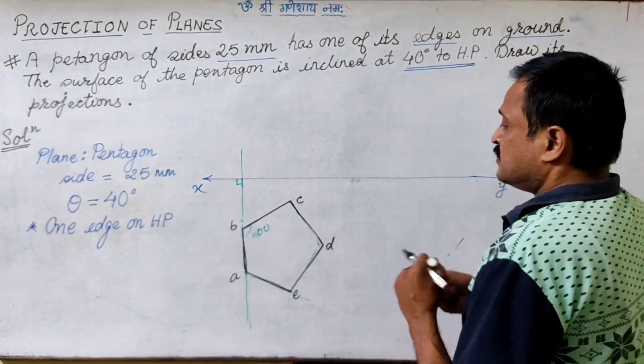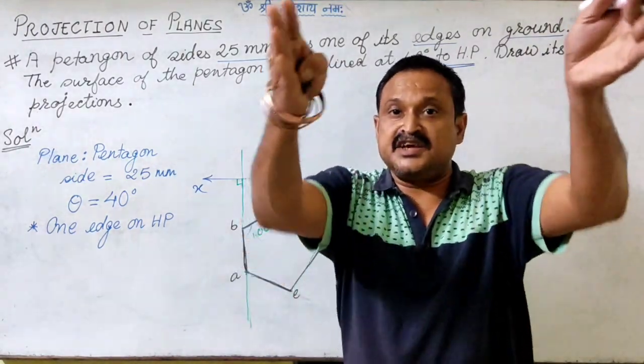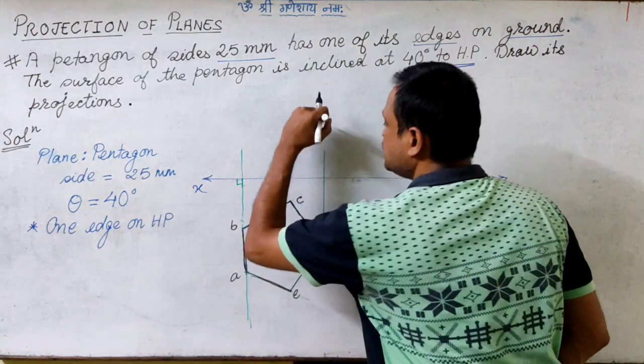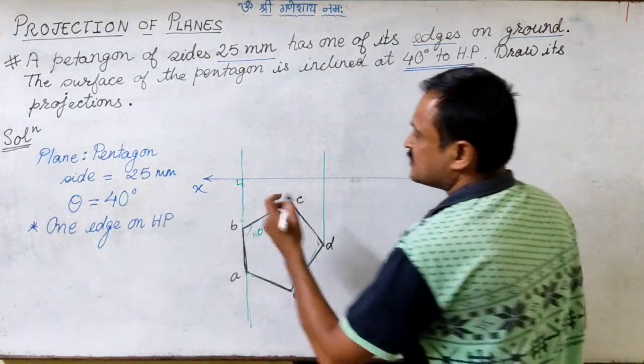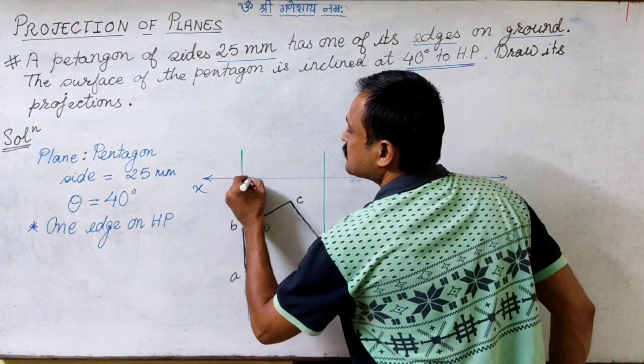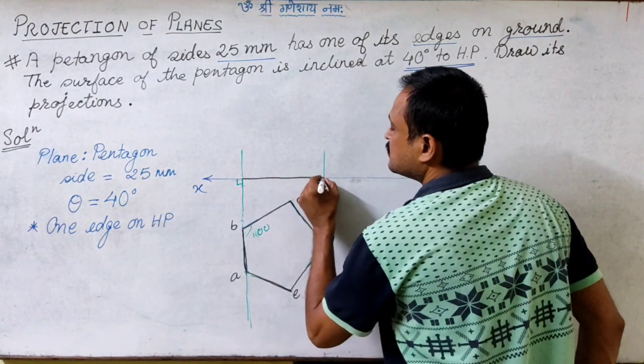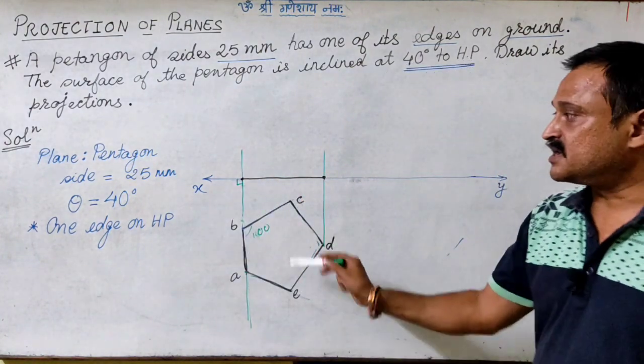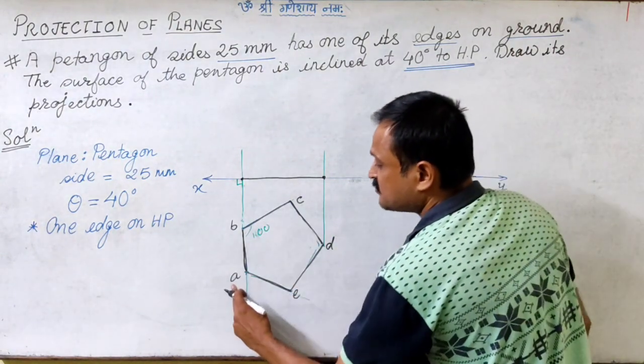So the trace is the extreme, so we draw one projector through D. So you can see that this comes out to be the trace of the given pentagon.